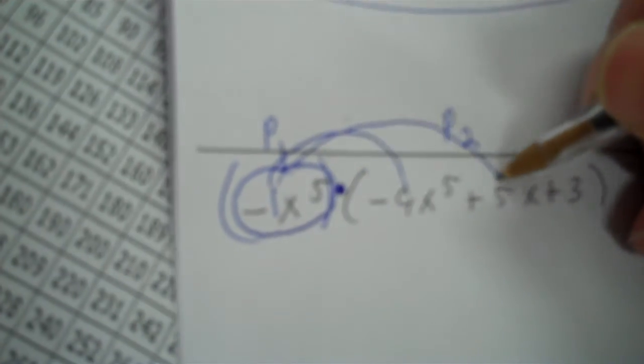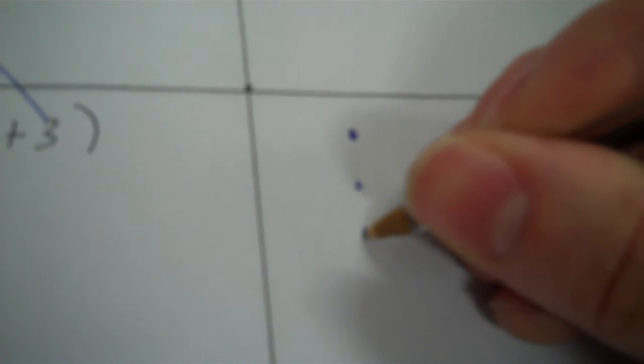Okay, so negative 1 to negative 9, negative 1 to 5, negative 1 to 3. So I wrote 3 rainbows, so that's 3 multiplications. But I put the x to the fifth with the negative 1 in all 3 of the multiplications. So first I multiply to negative 9x to the fifth.